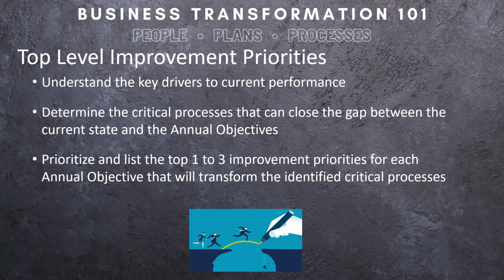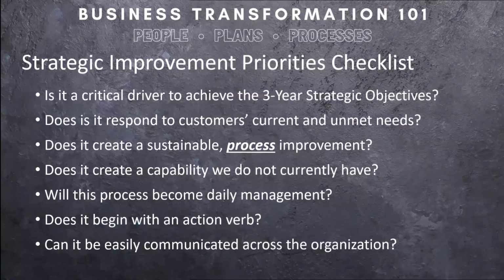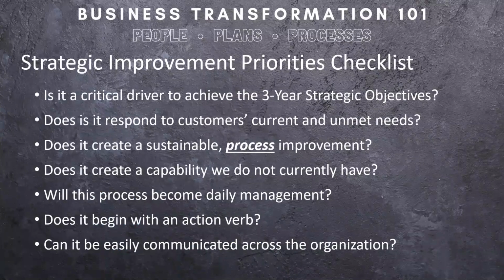As noted previously, focusing on the critical few priorities for each objective will maximize the opportunity for success by not overloading the available resources. The team should use this checklist to confirm that it has the right priorities identified. A key here is to make sure these priorities are targeting the improvement or creation of sustainable processes.